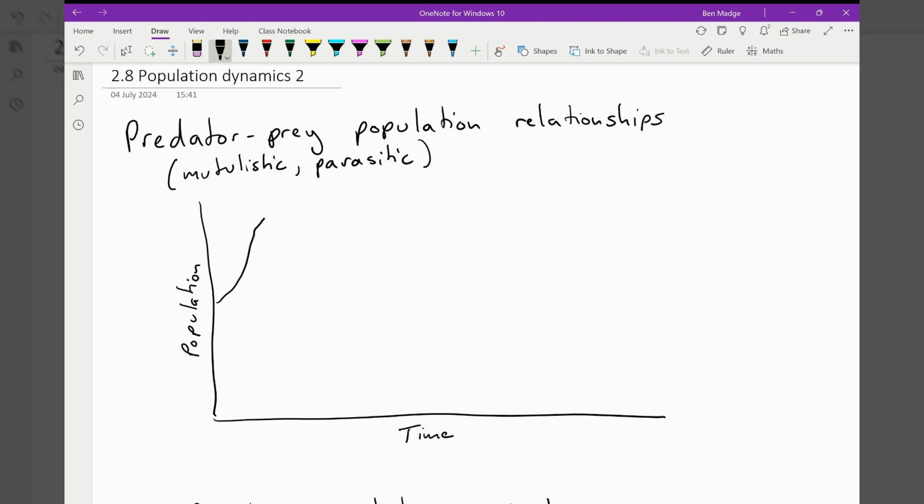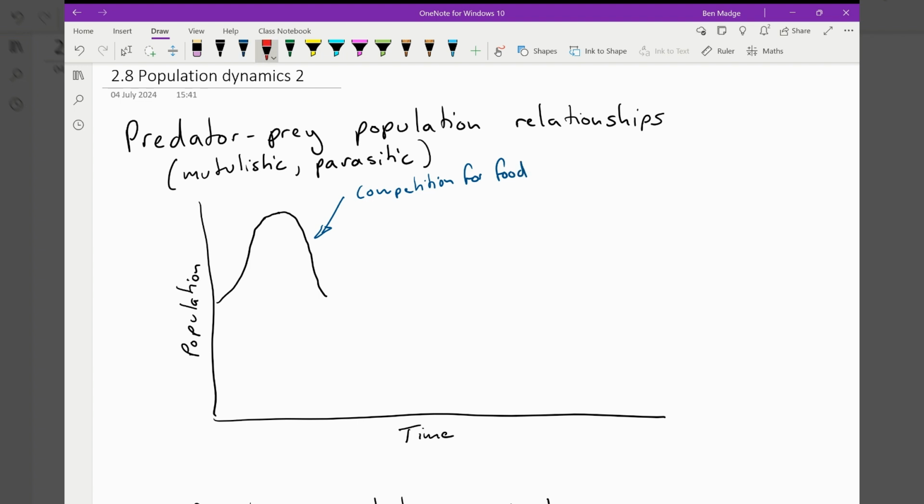And its population increases as there are not very many limiting factors. It's not reached its carrying capacity yet, and it will continue to go up and up and up until it exceeds its carrying capacity, and then it will start to decline because there'll be increased competition for things like food. So shortages of food causing the population to decline.